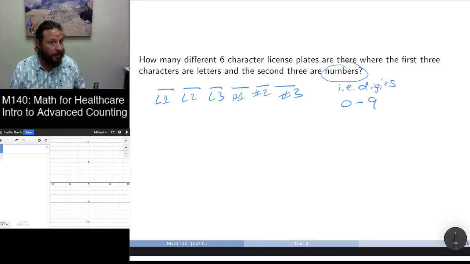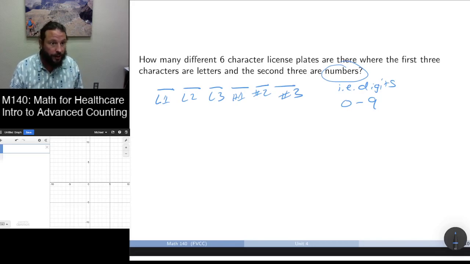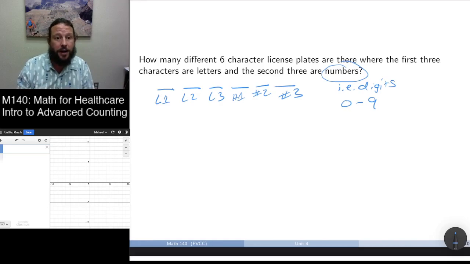I know plenty of PhD mathematicians that use their fingers to count, because you've got to double check. This is a little funny. You see 9 and you think maybe there's only 9 of them, but you check: 0, 1, 2, 3, 4, 5, 6, 7, 8, and 9. With that 0, there's actually 10 options. So we got 10 options for the numbers.